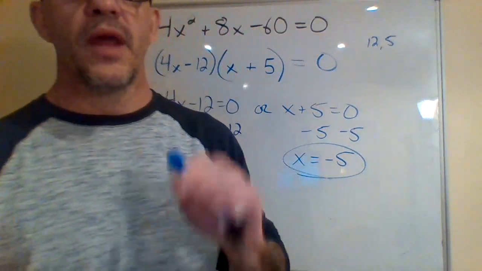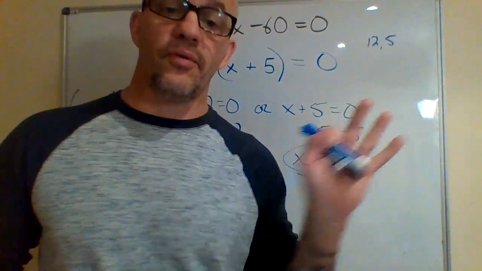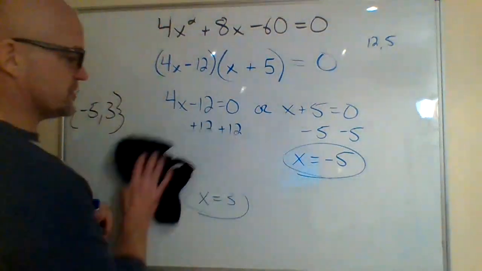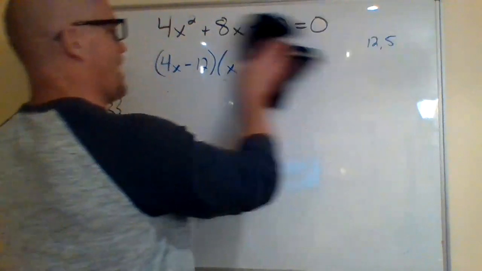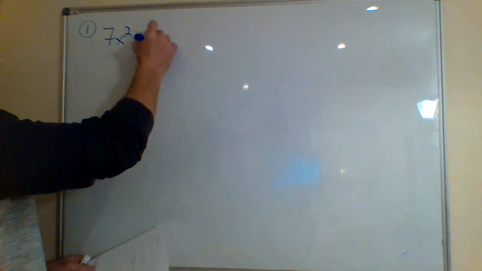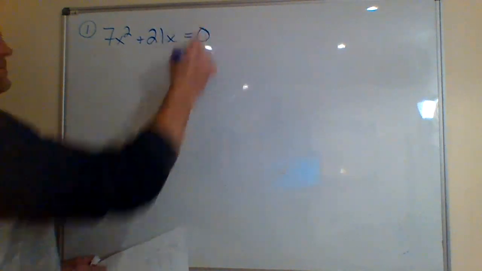Here's what I'm going to do. I'm going to put 3 examples on the board. I want you to try to solve them. Then I'm going to put the solutions up, and we're going to see if they match. So here are your 3 choices. We've got 7x squared plus 21x equals 0.